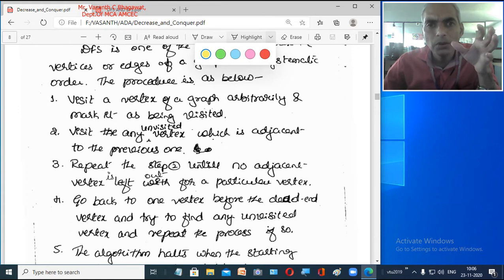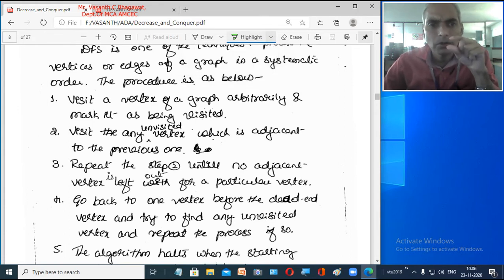Otherwise, you start with any arbitrary vertex. In your graph you have n number of vertices. You start with any one vertex as your arbitrary node, and from that node you start your traversal.